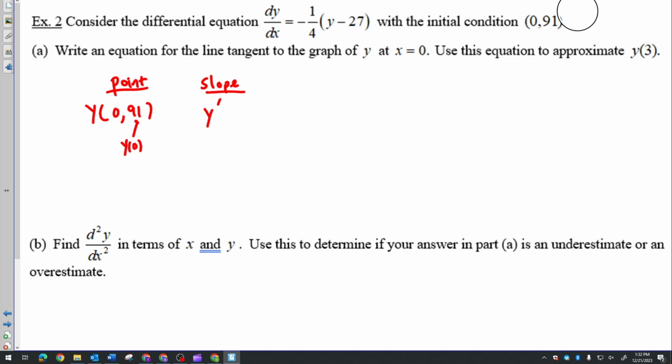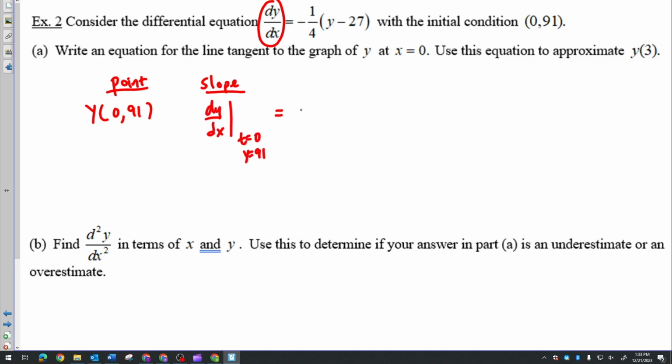And I also need to know the slope. So I need to know y prime at the same condition at time 0. When time is 0, then I know y is 91. Do you see this right here is y prime? So this right here is dy/dx at t equals 0 and y equals 91.